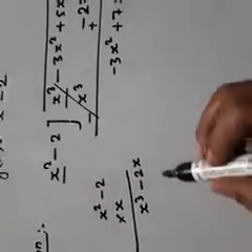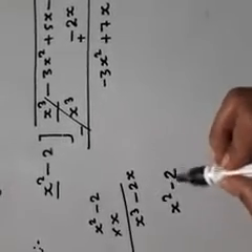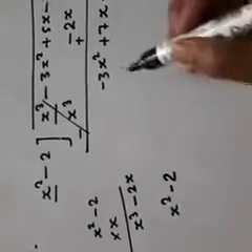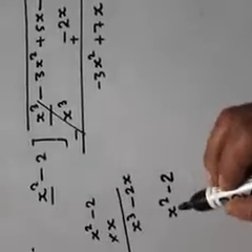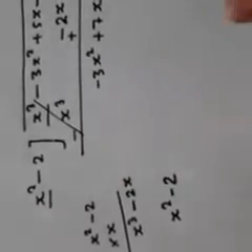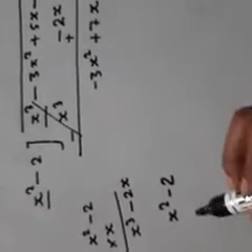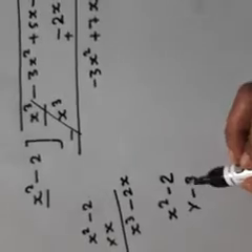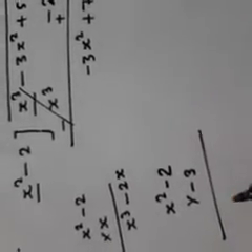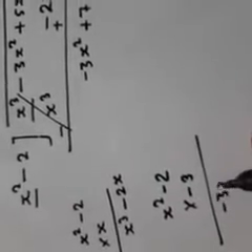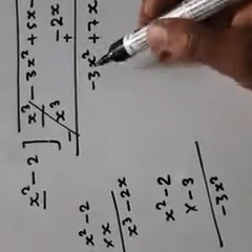So now again, students, from the first term of the divisor, that is here x square, you have to make minus 3x square. So what do we need with this x square? x square and x square. So we don't need any other x, but we need the coefficient of x square as minus 3. So simply, you multiply here by minus 3. When we multiply x square by minus 3, we get minus 3x square, exactly the same.